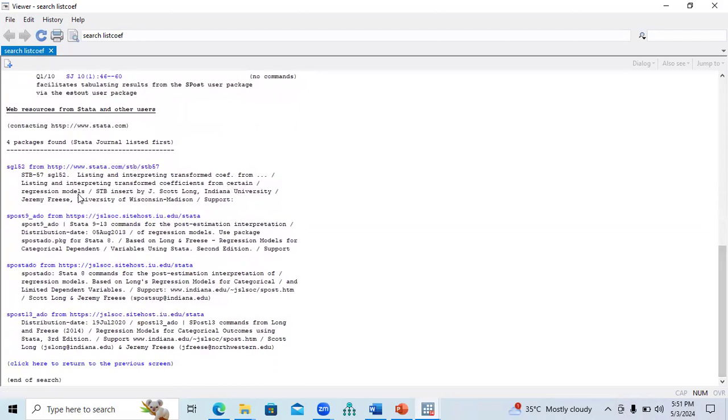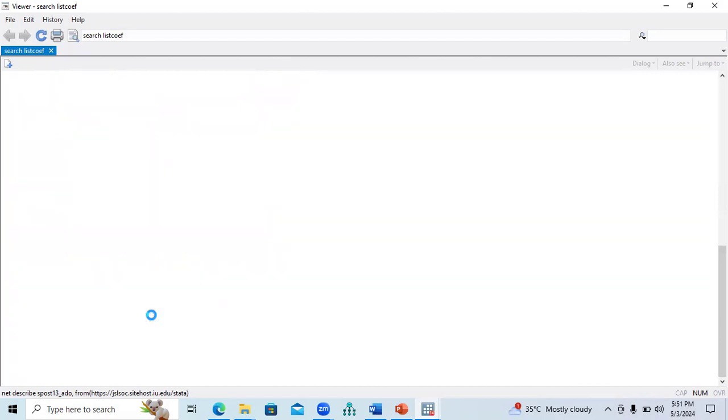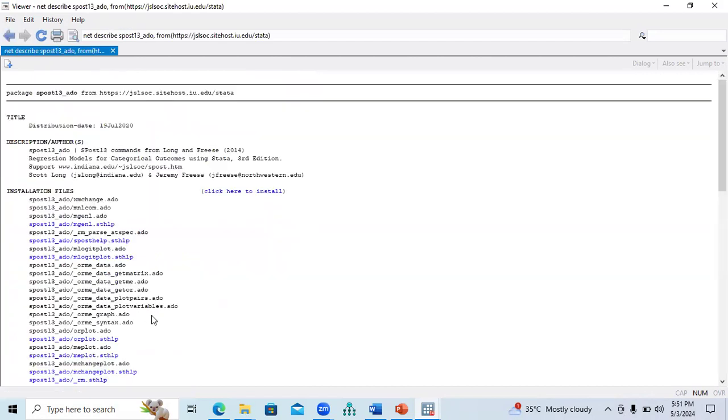Okay, this one: command for post estimation, regression model for categorical outcome. I think this one would be much better. Let us install it. Click here to install.